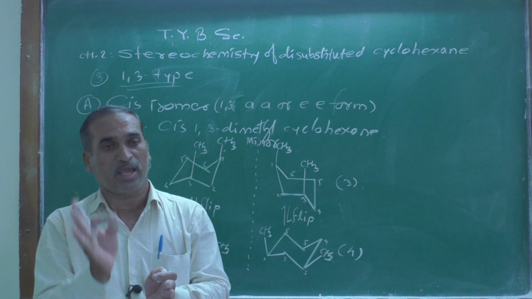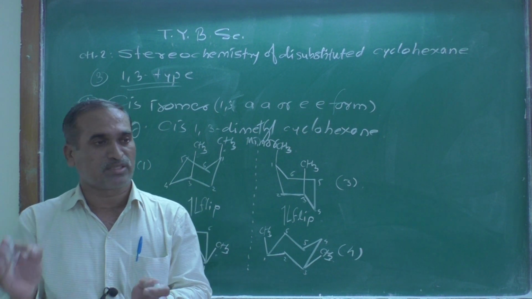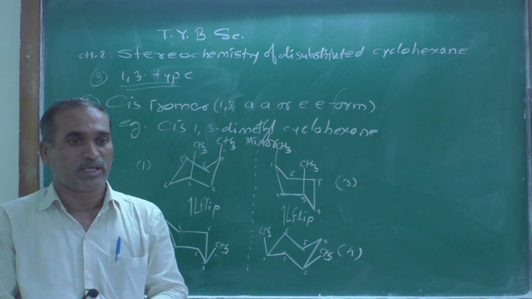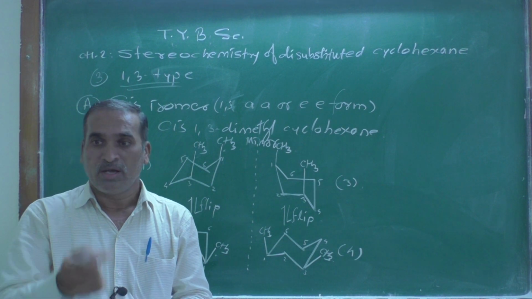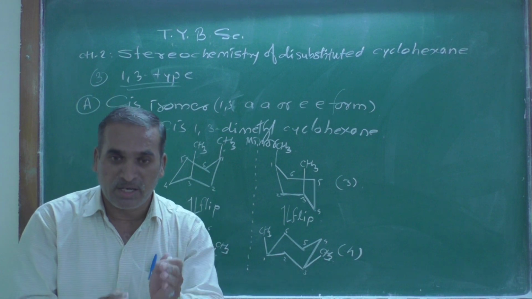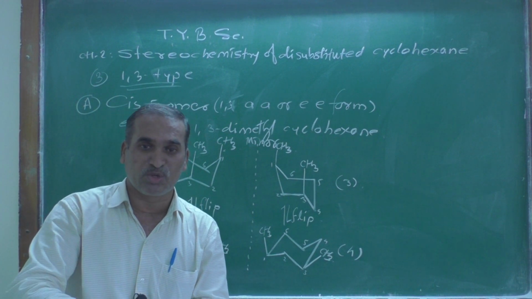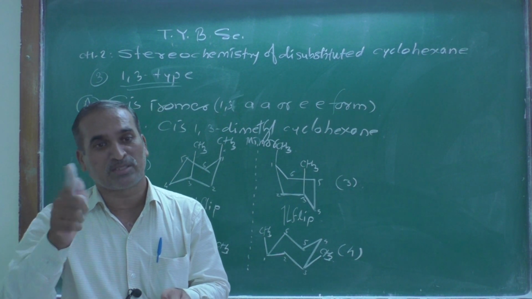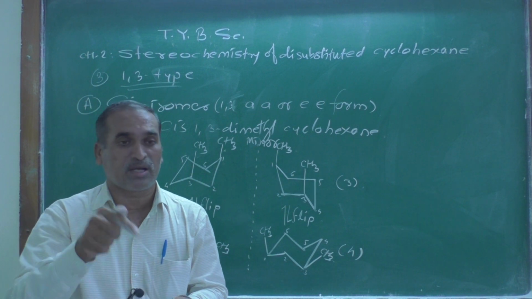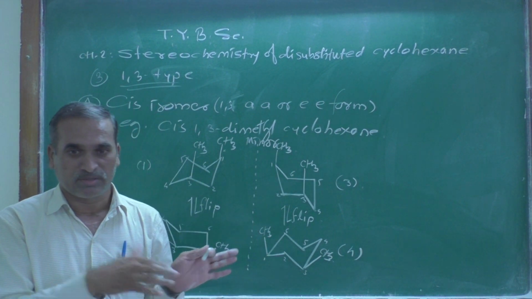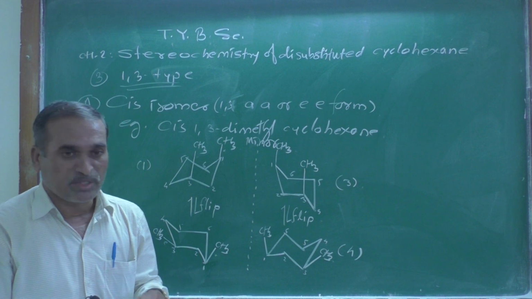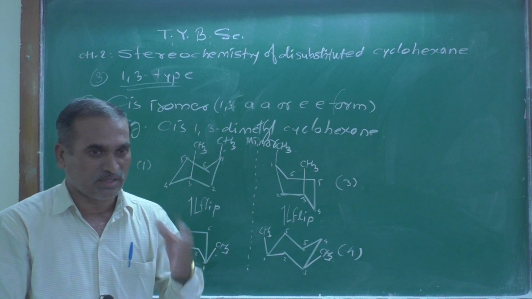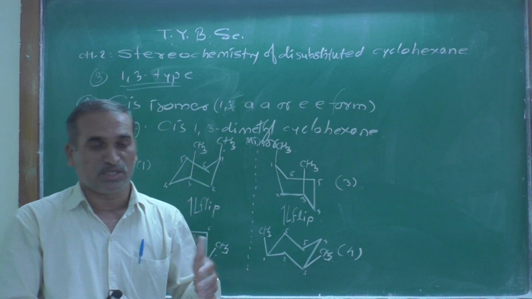This way you can get maximum marks in organic chemistry. Remember, organic chemistry is just like mathematics: you can get full marks, but similarly there is also a possibility of getting minimum marks. Some students find organic chemistry very difficult to understand.